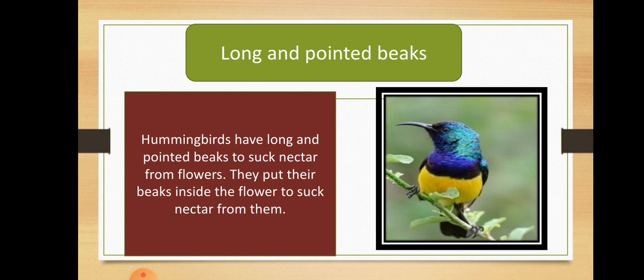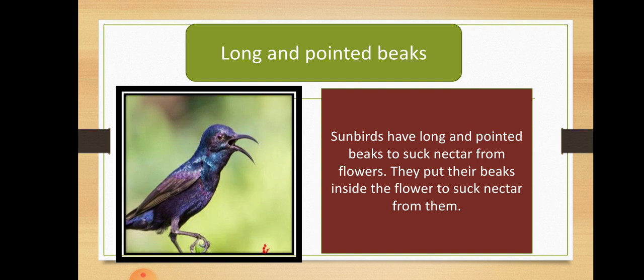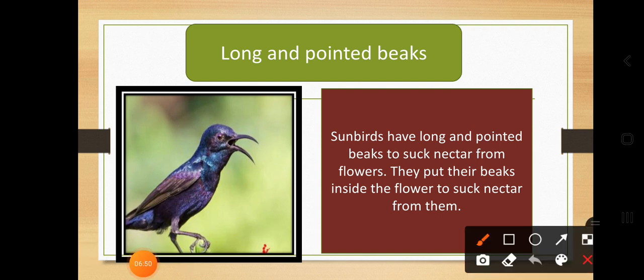Okay, so another bird we have is the sunbirds. Dear students, you can see this is a little bit purple in color. They also have very long pointed beaks to suck nectar from the flowers, and they put their beaks inside the flower to suck nectar from them.